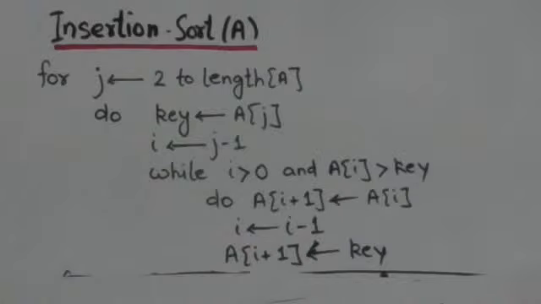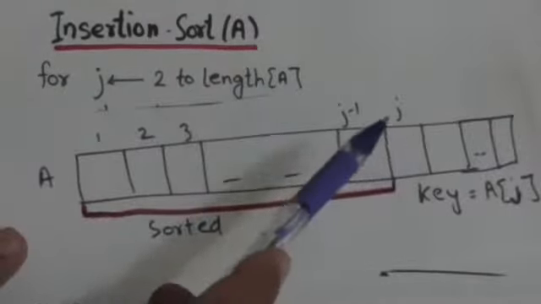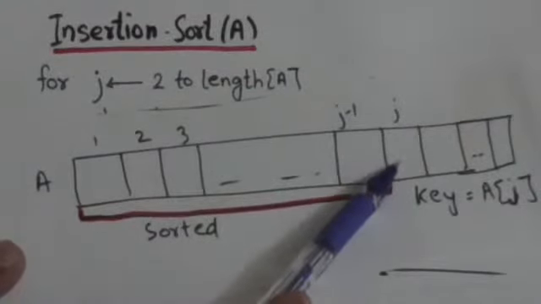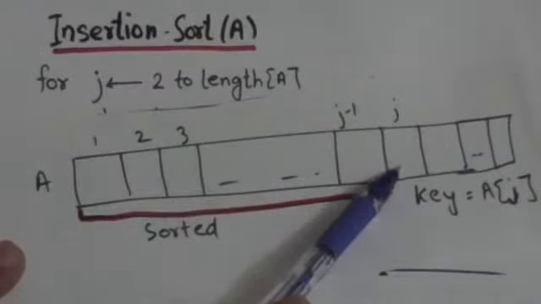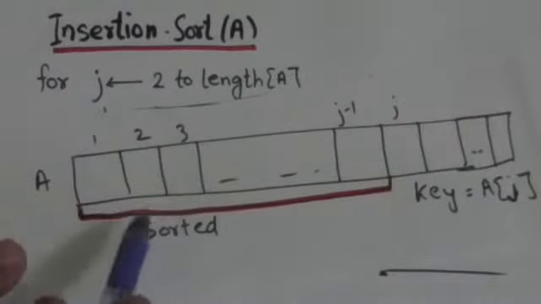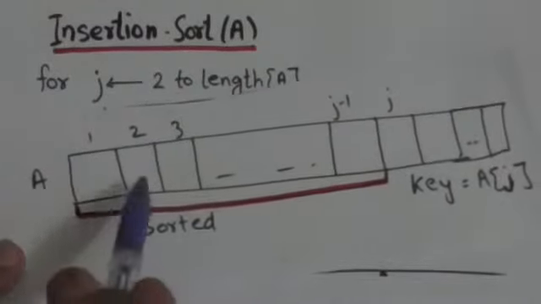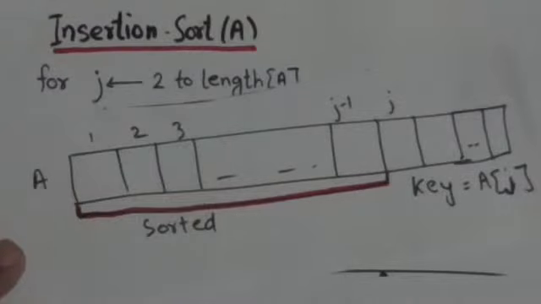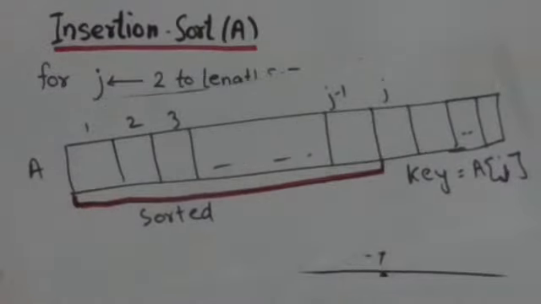Now, let us see what happens in each pass of the for loop. The element which is stored at index j in the array is inserted at the proper place in the sorted elements which are at the left of this element in the array.